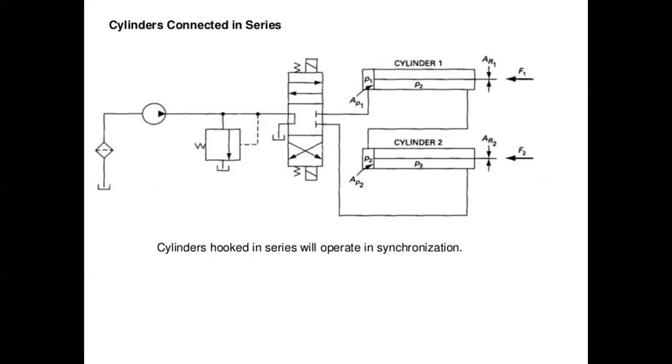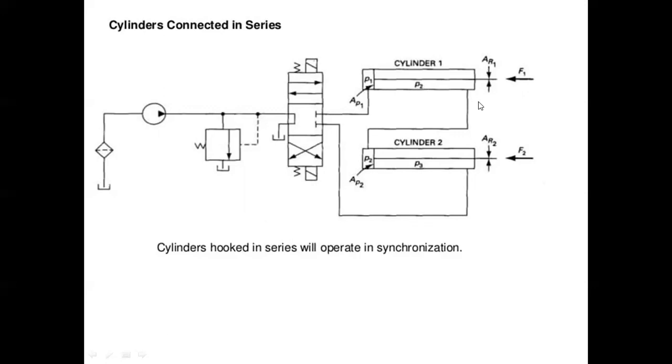Cylinders connected in series. See, this is our basic circuit. Here is our direction control valve, in the closed position. This is cylinder 1, this is cylinder 2, this is P1 at this side, P2 at this side, and this is P3.